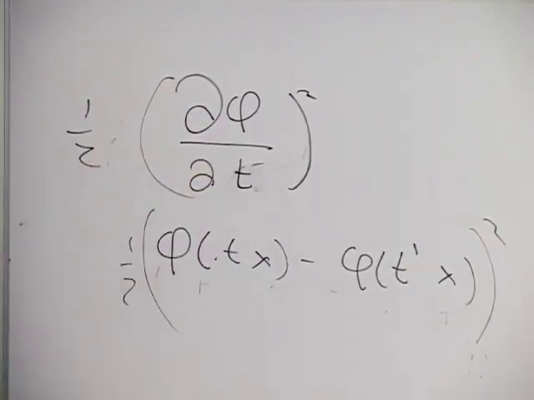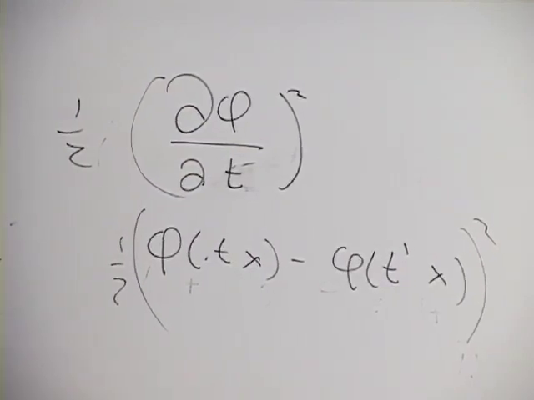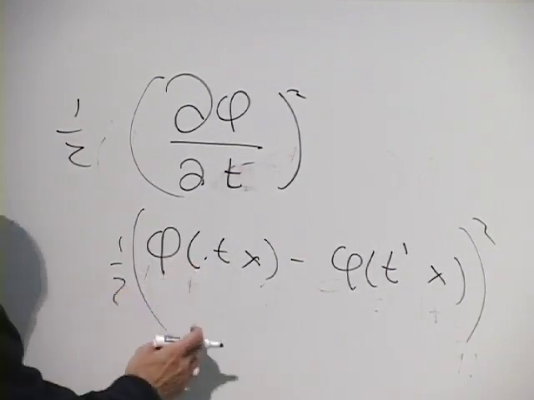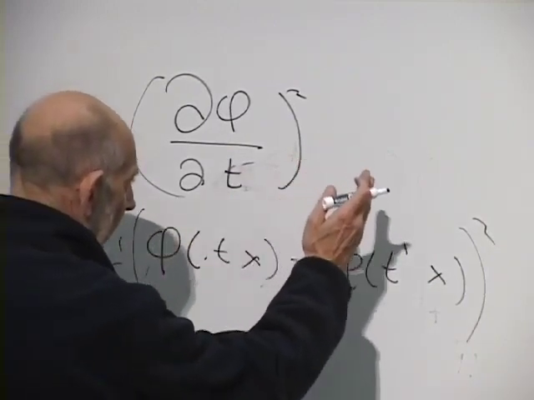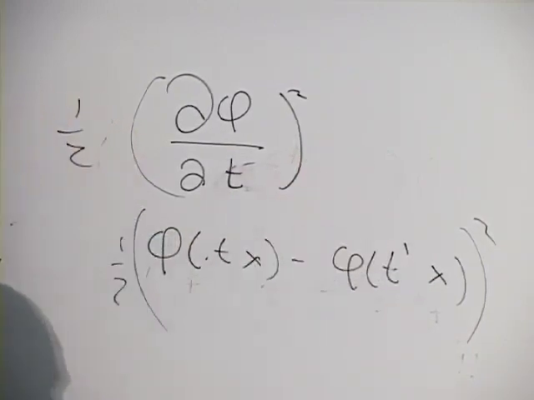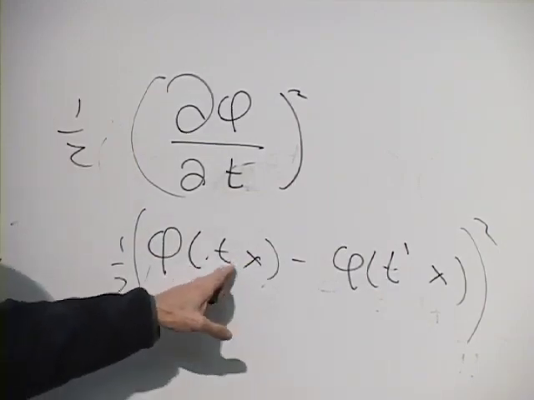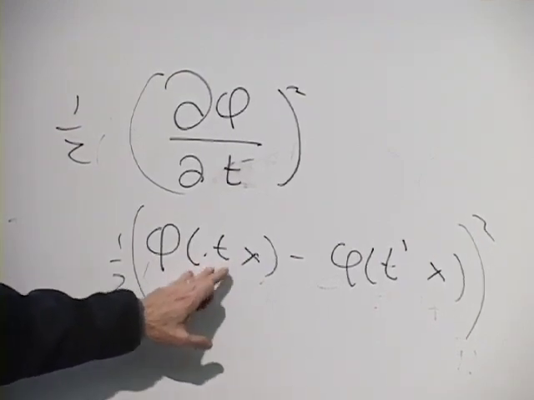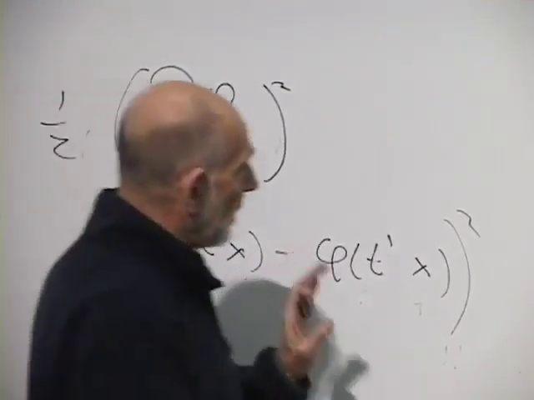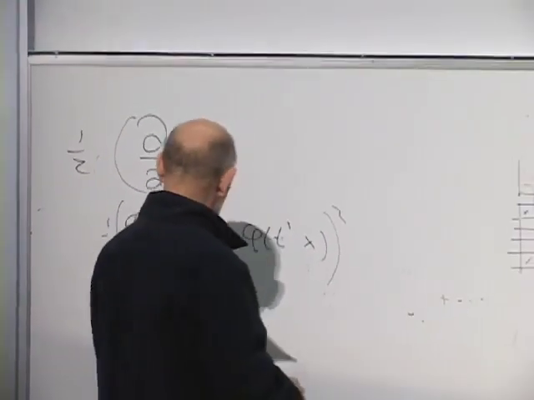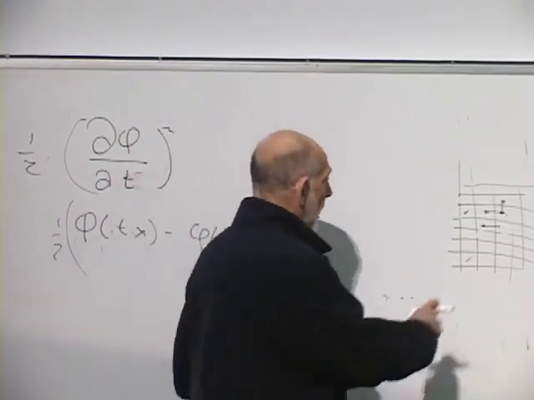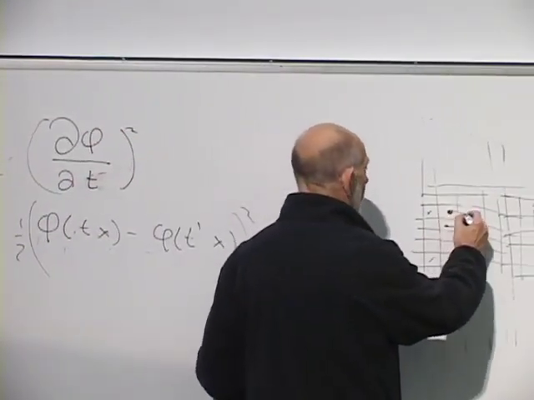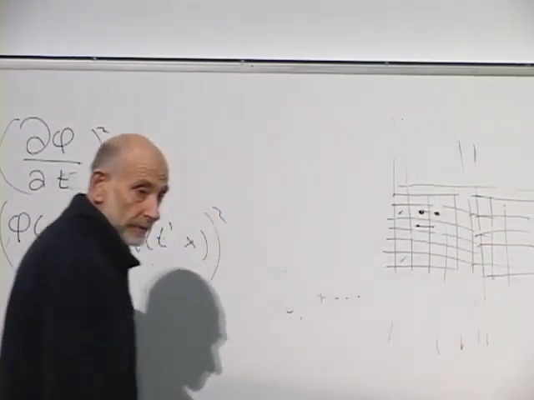Well, 1/2 of the square of the derivative will have in it, I just want to focus now on the terms which multiply phi times phi at a neighboring point. Let me just focus on those. There are also terms in here which multiply phi by the value at the same point, but in particular, there are terms in this Lagrangian which multiply phi at one point times phi at a neighboring point.